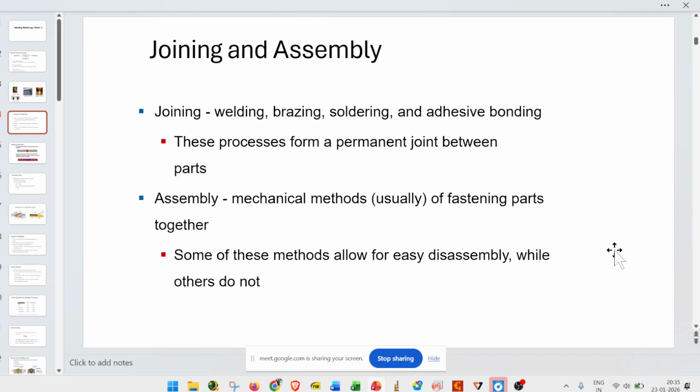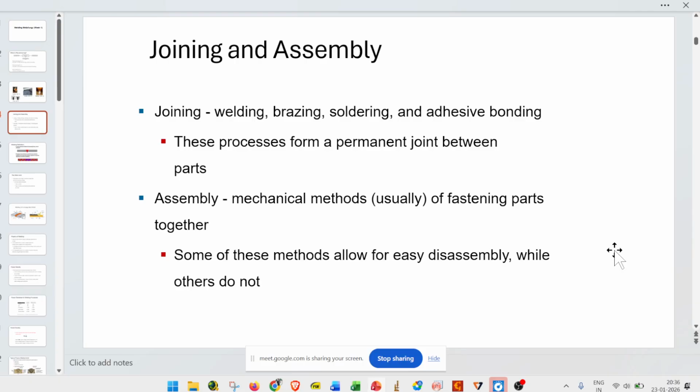In joining, we can classify joints in three ways: temporary, permanent, and semi-permanent. Temporary joints are those where I can detach and attach the components as many times as I want, for example a nut and bolt.